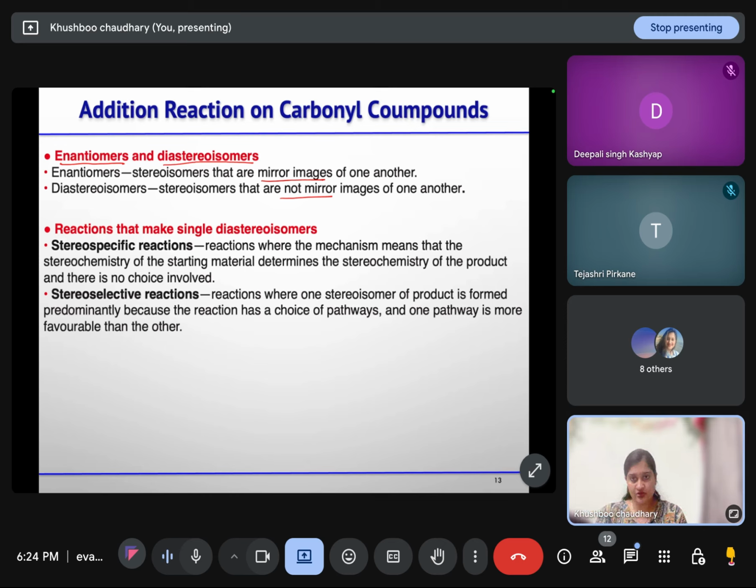Now the other two terms that you should be aware of, whenever we are making diastereomers, that means compounds that are not mirror images of each other: one is the stereospecific reaction, and the other is the stereoselective reaction. Stereospecific reactions are those where you get only one product, because the starting material determines the stereochemistry of the product, and there is no choice of attack from the other side.